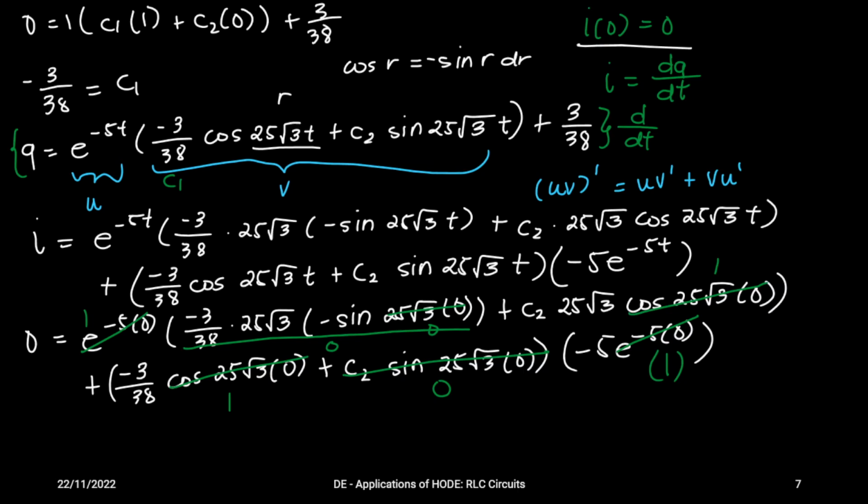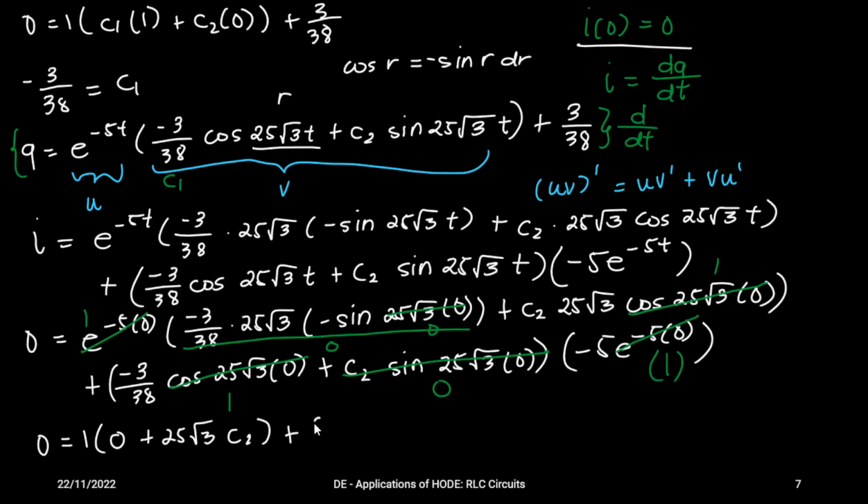So, rewriting our equation, we have 0 is equivalent to 1 times 0 plus 25 square root of 3 times C2. Okay? Plus, this is 0 plus 0 is 0. Tama ba ako? So, we have... sorry, not 0. 1 pala.